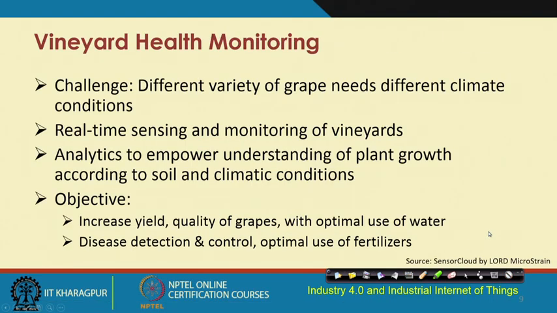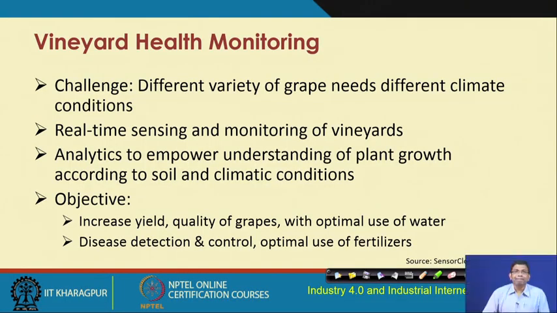Another one, again from the agricultural application domain, is for vineyard health monitoring. The challenge in vineyards is that there are different varieties of grapes which have requirements for different climatic, soil, and other conditions. So, it is very important to have real time sensing and monitoring of the vineyards.